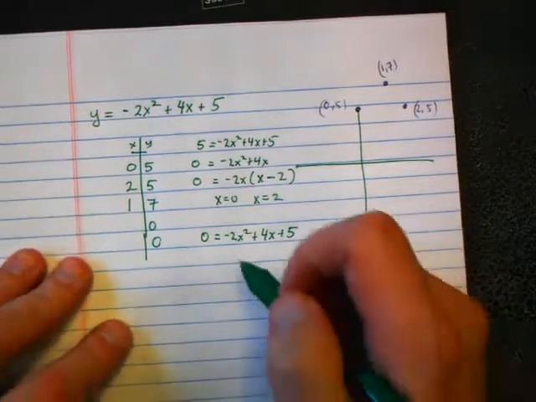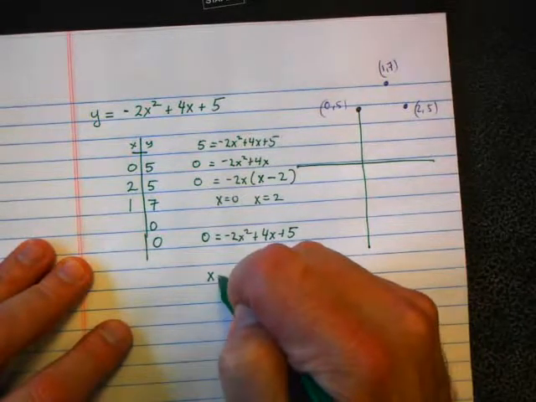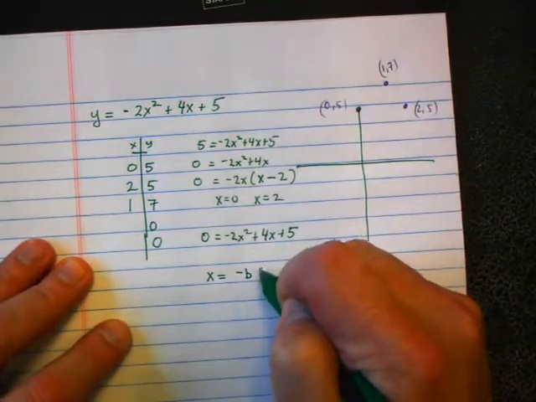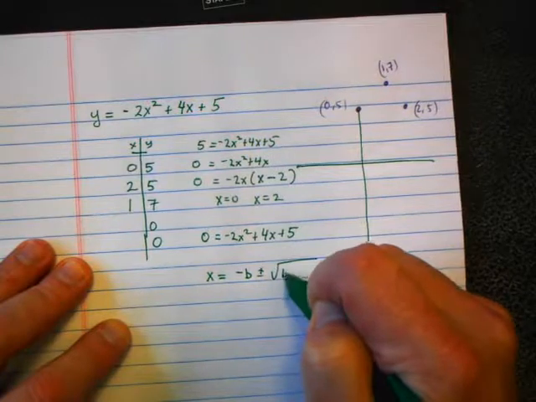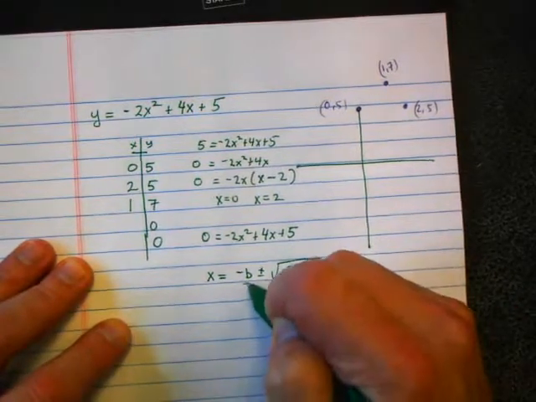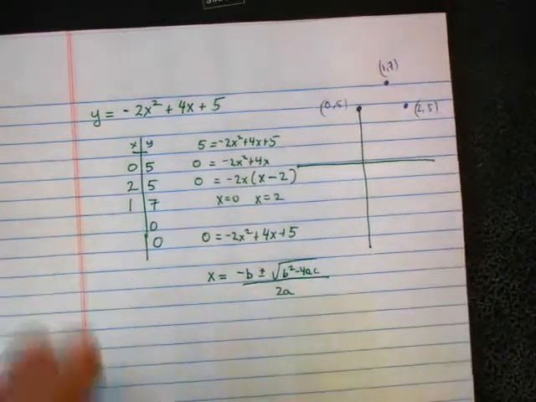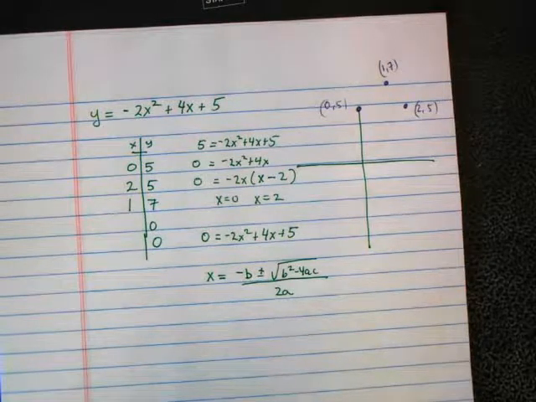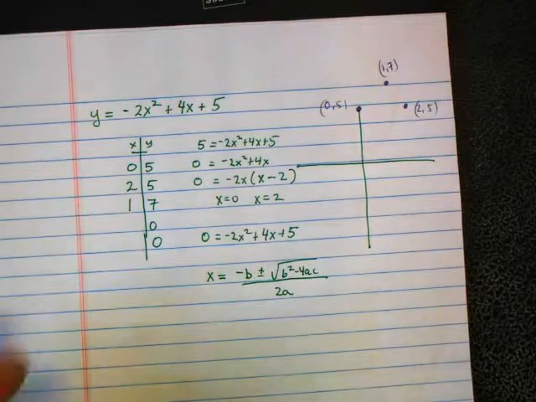So, x equals negative b plus or minus the square root of b squared minus 4ac, all over 2a. Hopefully you've gone home and memorized that already, because if you haven't, you better do it soon, because you will need to know that.